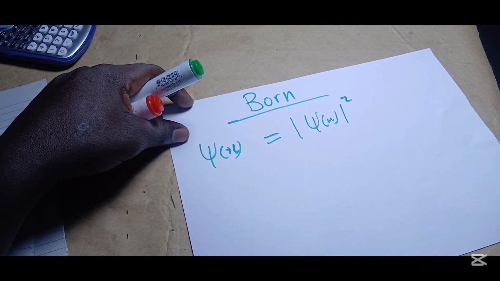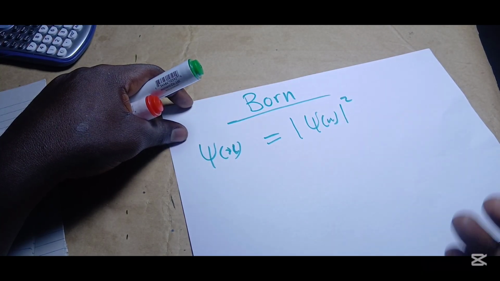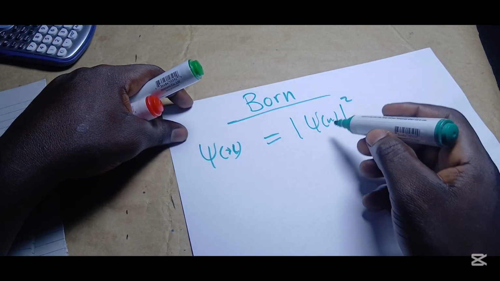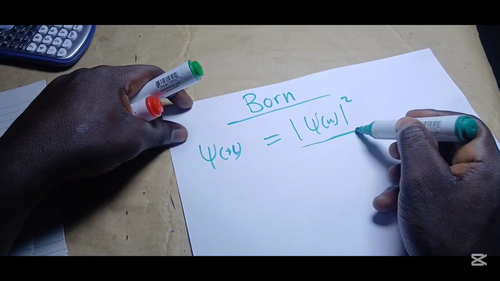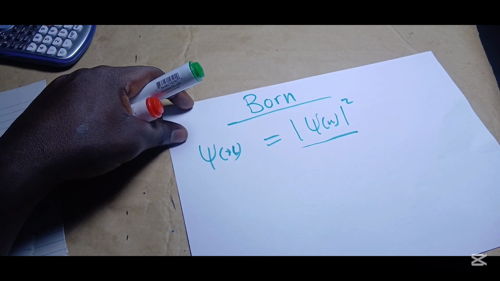Born statistically interpreted that if this wave function is the solution of the equation, then the absolute square of this function should have something to do with the probability of finding an electron in the system.